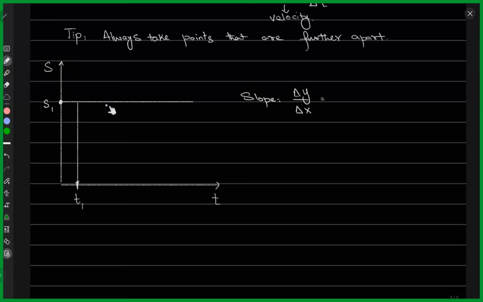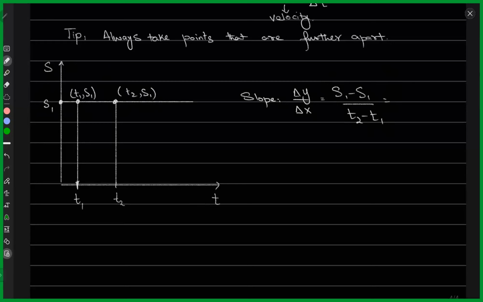Let's say this is t1, and at some other t2 you go up to this point. You see that at both t1 and t2 the displacement is the same. There is no change in the displacement, which means this would be s1 minus s1 divided by t2 minus t1, because the coordinates are (t2, s1) and (t1, s1).